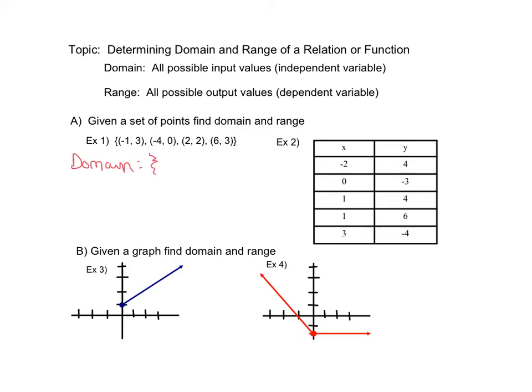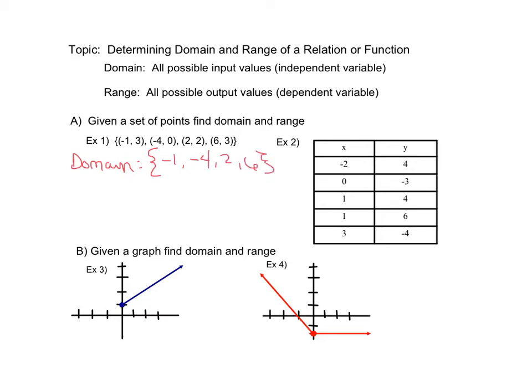So I'm going to just use a bracket to show that I'm creating a set. And in my bracket, I'm going to put all my x values. So I have -1, I have -4, I have a 2, and a 6.